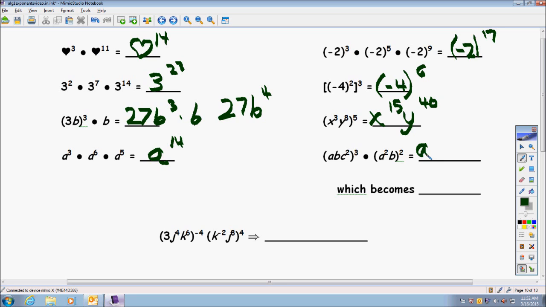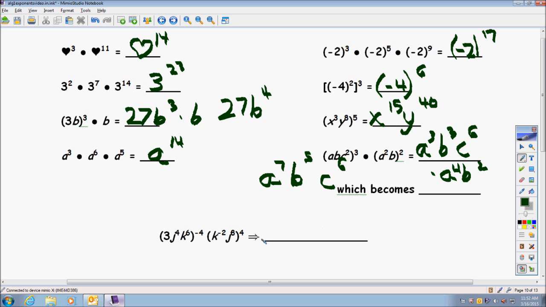Okay, a cubed, b cubed, c 6. All of that times a 4 b squared. Now, add the exponents. So you have a7, 4 plus 3, right? 3 plus 4, 4 plus 3. b5 and c6.